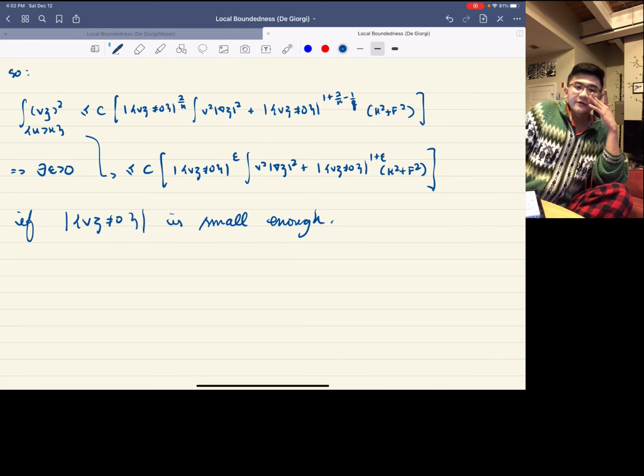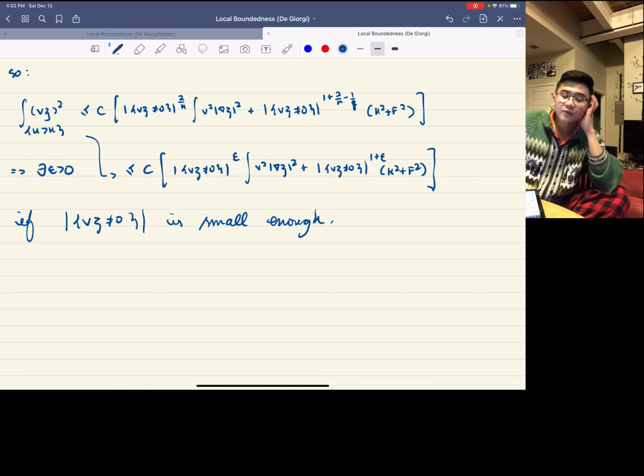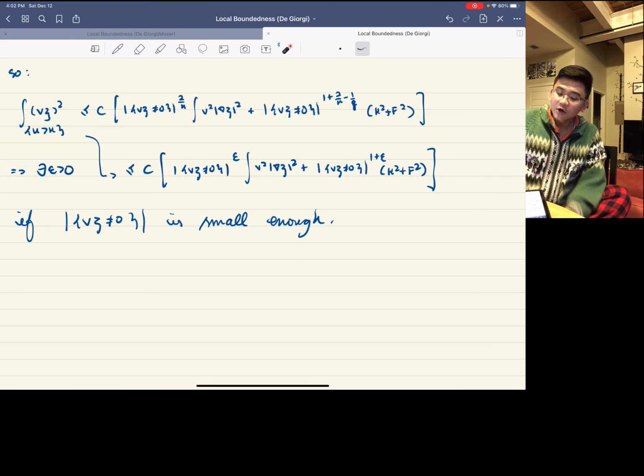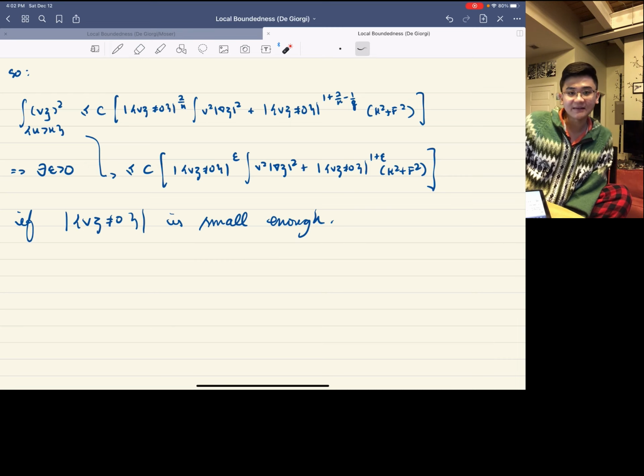Okay, so now we have an estimate where the L2 norm of v zeta, or the L2 norm of v, appears. So what we're now going to do, and this is fairly standard in things like these, is to choose a particular test function zeta.